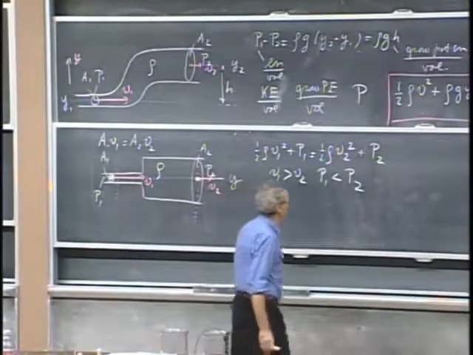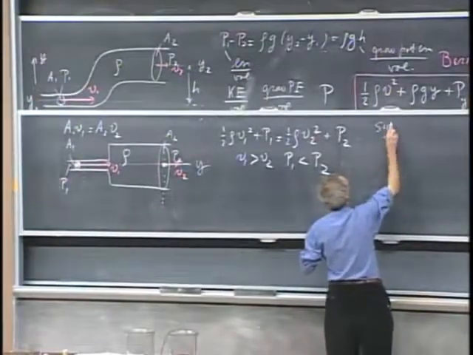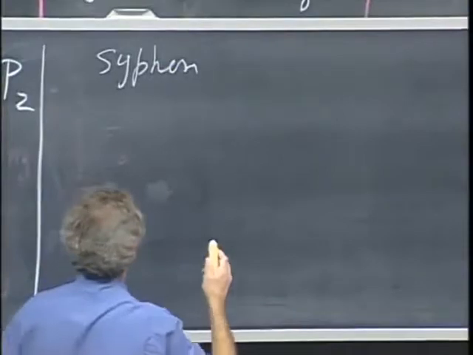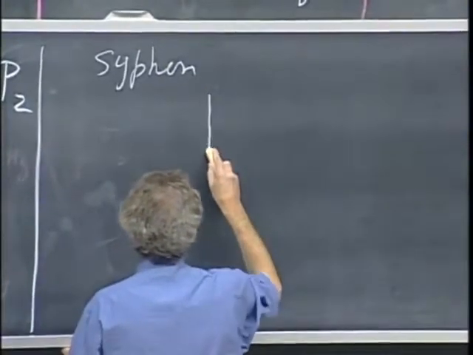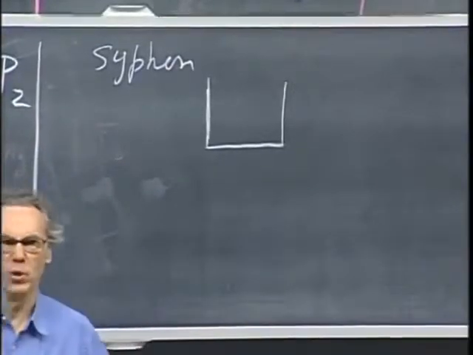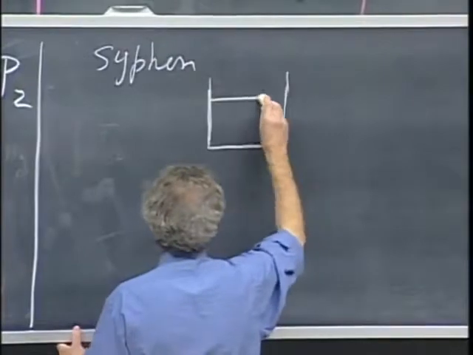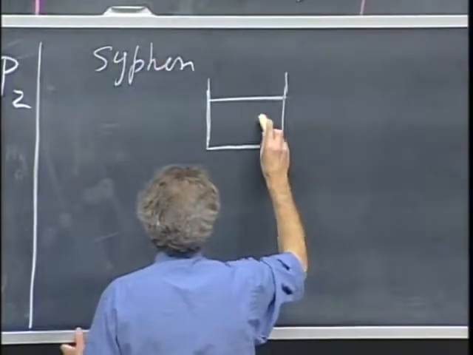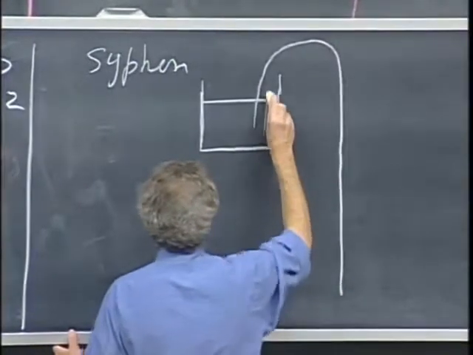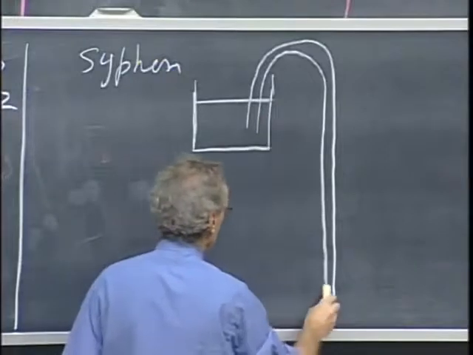You must all have encountered in your life what we call a siphon. They were used in medieval times, and they're still used today. You have here a bucket. In general it is used with water, lakes. We have water here, but it could be any liquid. And I stick in here a tube, which is smaller diameter, substantially smaller than this area here.